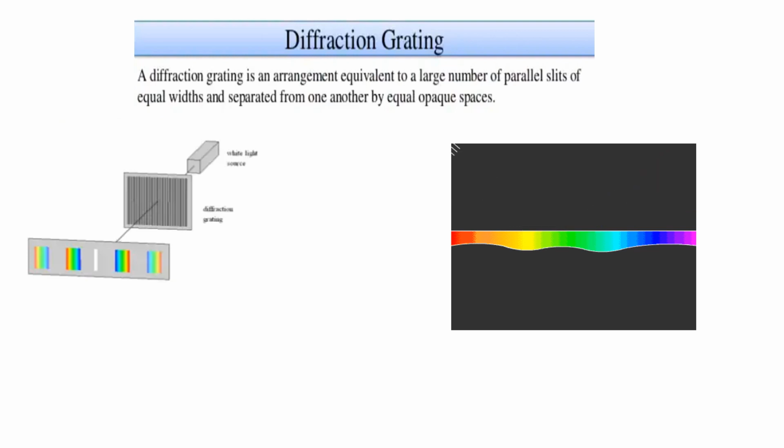Here you find a ray of white light falling on a grating. As the ray of white light falls on the grating, it gets split into various colors due to diffraction.